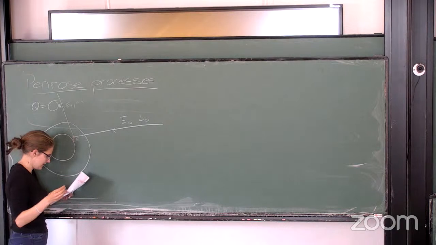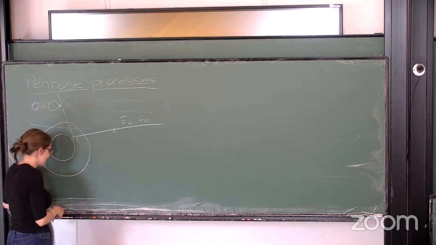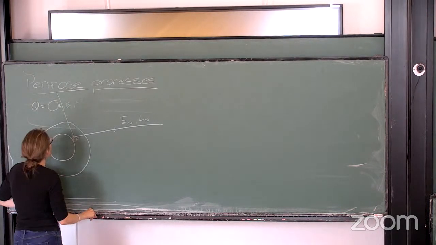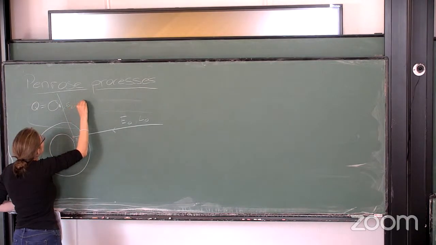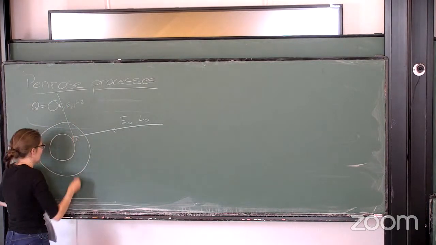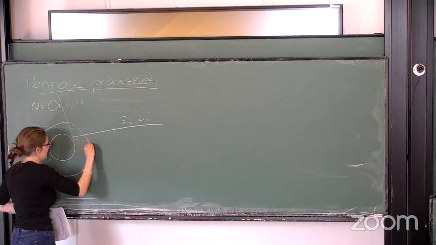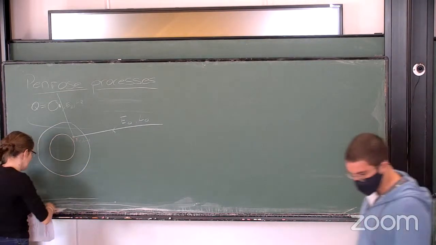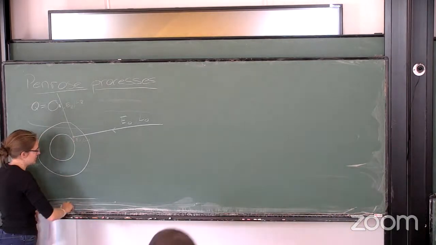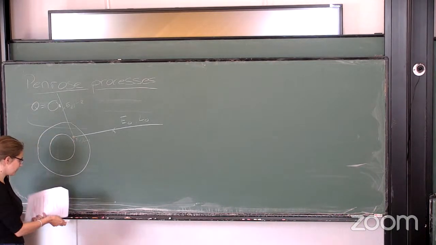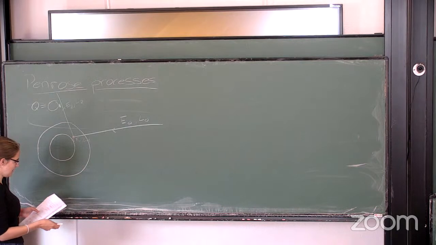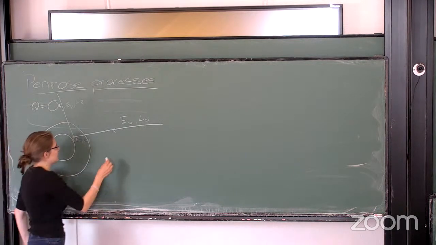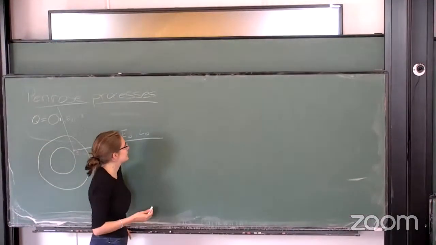L1, and I'll change the indices so it's consistent with the lecture notes and I'll not get confused. L1. And then the black hole, or its mass and angular momentum. So we just look at now the initial states and final states of this process.